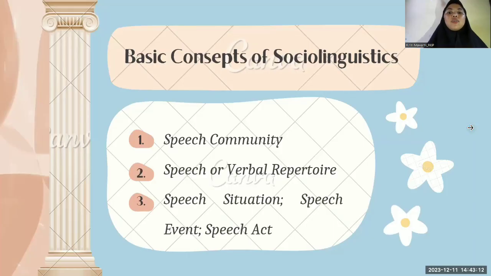The next is we are going to explain about basic concepts of sociolinguistics. So the basic concepts of sociolinguistics are speech community, speech or verbal repertoire, speech situation, speech event, and also speech act.